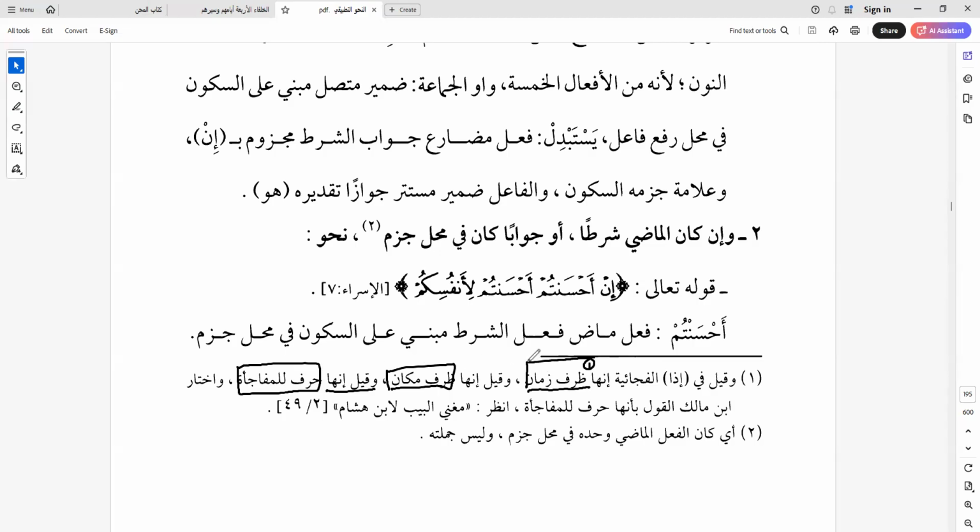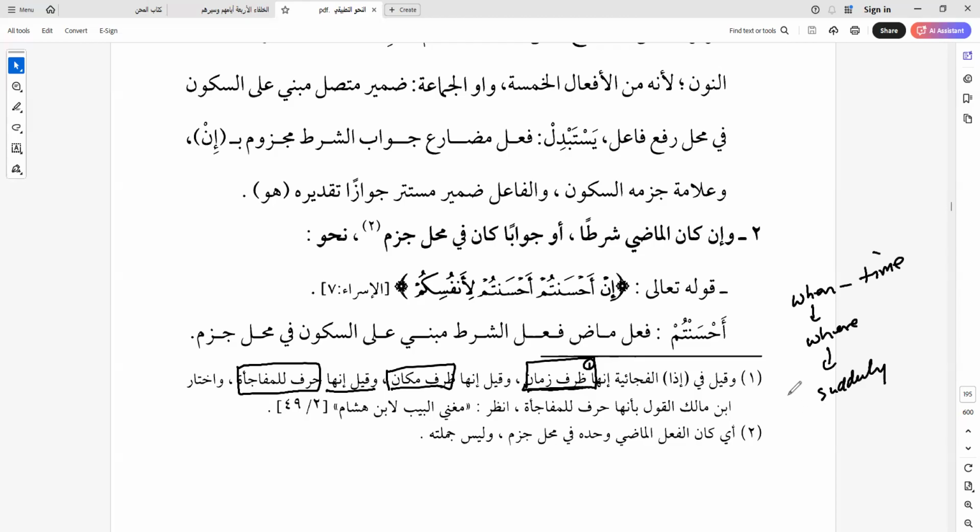So first group of grammarians, they say idha, because when you say idha, it can mean when, which is time, right? And then if you say it's zarf makan, what about where? Right? And then fujaiya, it may just mean suddenly, right? Suddenly. That's the meaning of it.